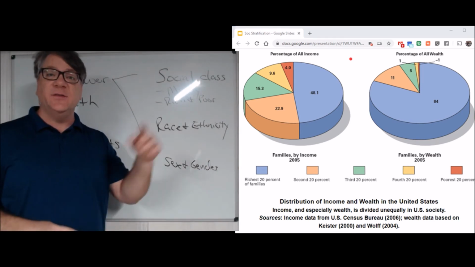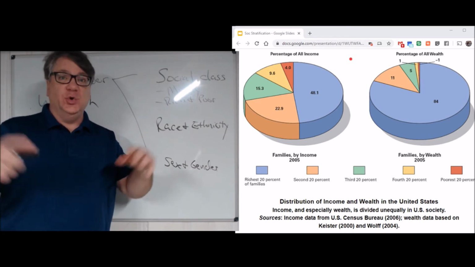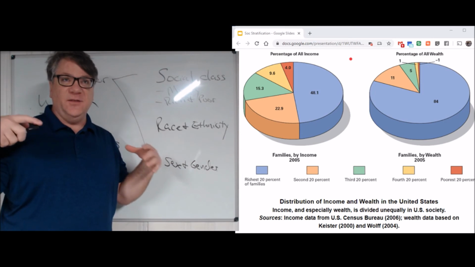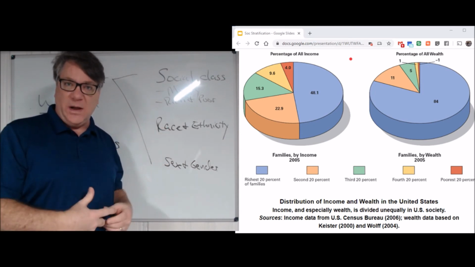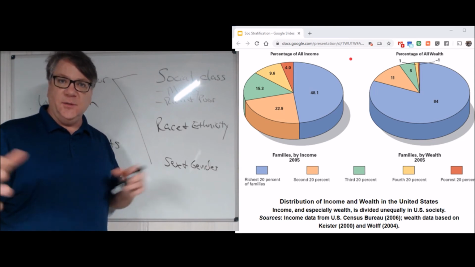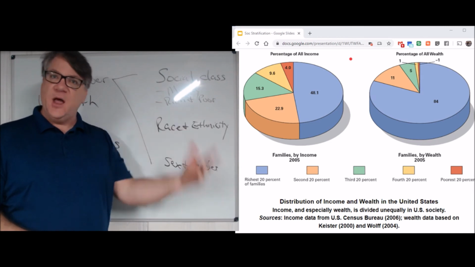What's in your savings account? Do you own a lot of jewelry? Do you own a lot of property? All that is the economic value that's tied into wealth. Okay, so why is wealth so much larger, the pie, for the richest 20% than everybody else?